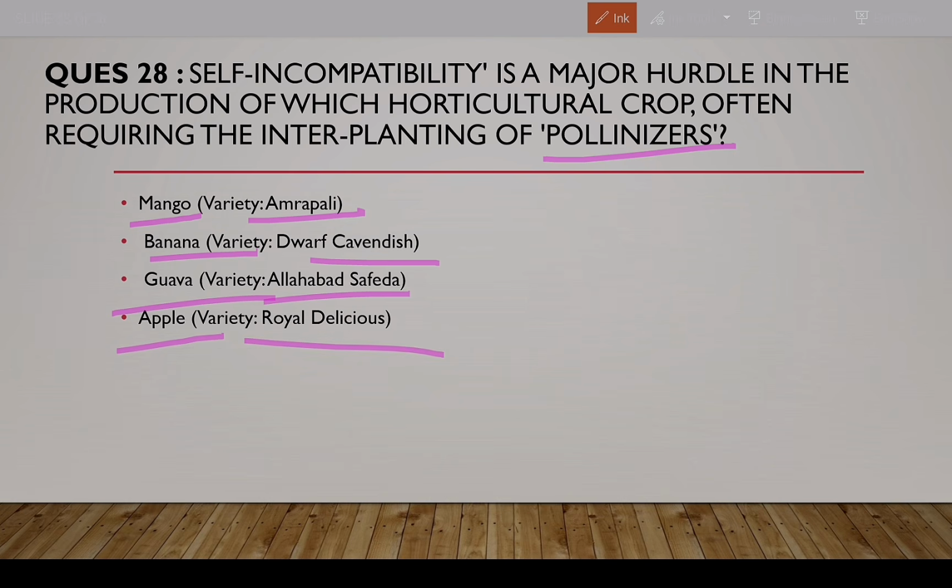Remember, in apple we generally find two types of varieties: one is delicious varieties, another is English varieties. The delicious varieties are generally self incompatible, for which we use the English varieties for pollinization. Okay, here the answer will be apple, Royal Delicious.